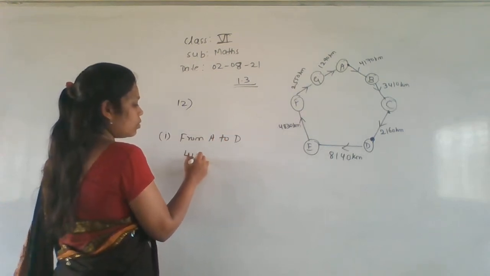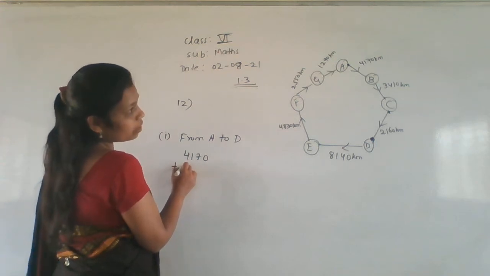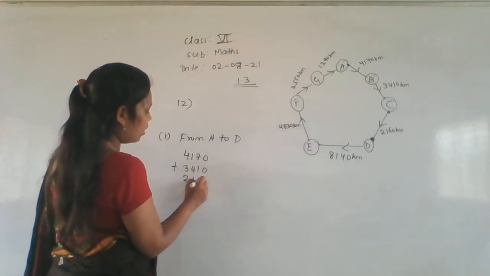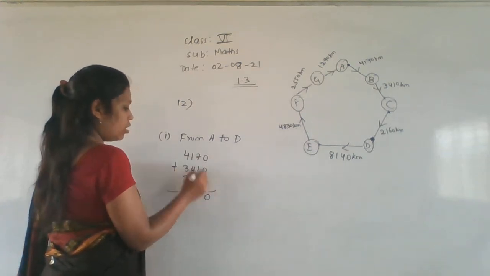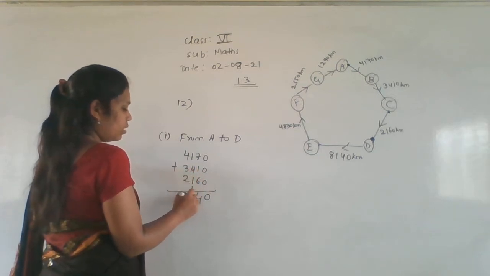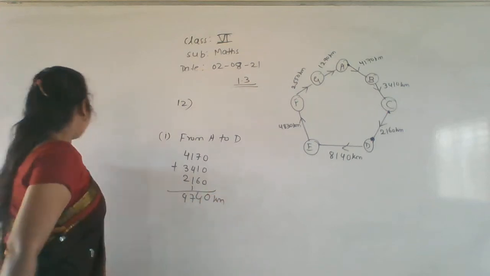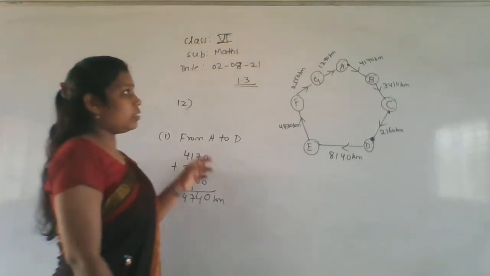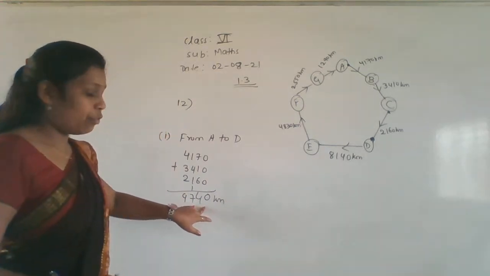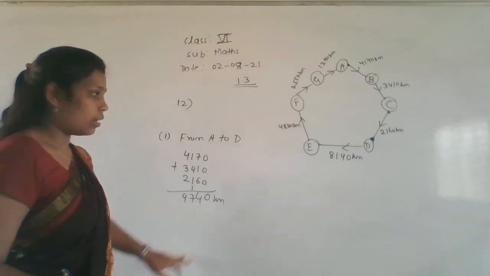First one will be 4,770 plus here 3,410. Next value is 2,160. Add these three values. 8, 14 and here 7, 9. Okay, so how much distance from A to D? The total distance from A to D is 9,740 kilometers. Okay.